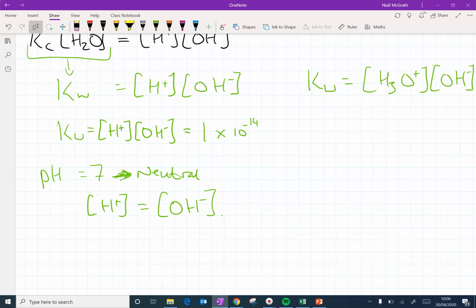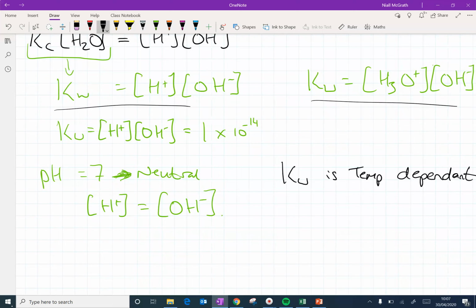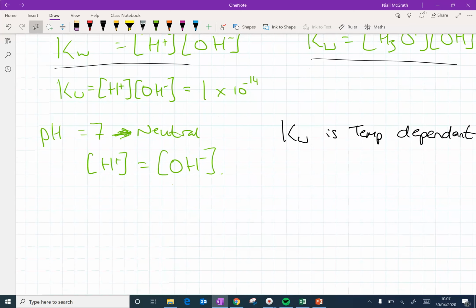That Kw figure is temperature dependent, so it changes with temperature. The value of it will increase as temperature increases. This dissociation is an endothermic reaction, and the concentration of H plus and OH minus at 25 degrees Celsius can be calculated, assuming that we have a neutral solution, with the same amount of H plus and OH minus.